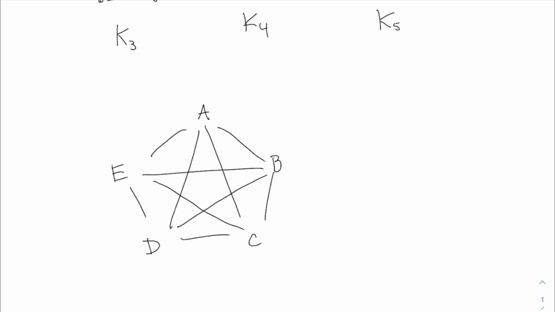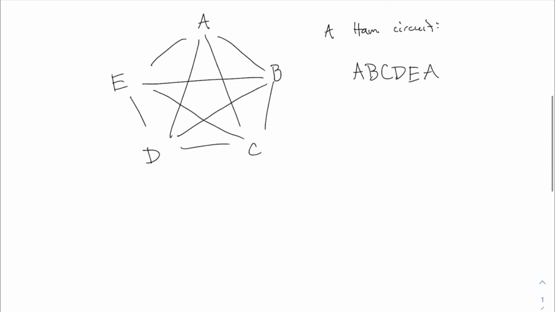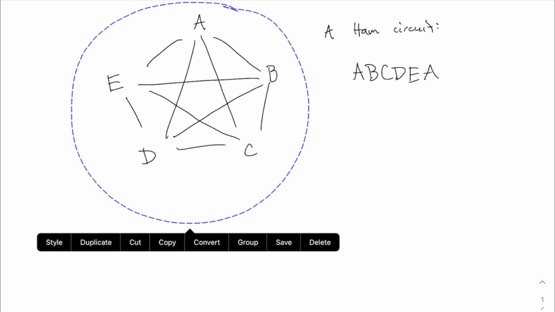Is there a Hamilton circuit in this graph? That is, a circuit which hits every vertex once. The answer is yes. For example, I could do, in letters, A, B, C, D, E, A. That's a Hamilton circuit. I'm going to make a copy of this before I deface it.